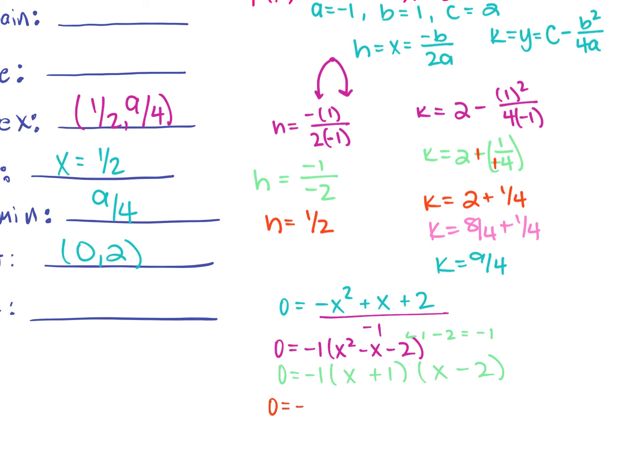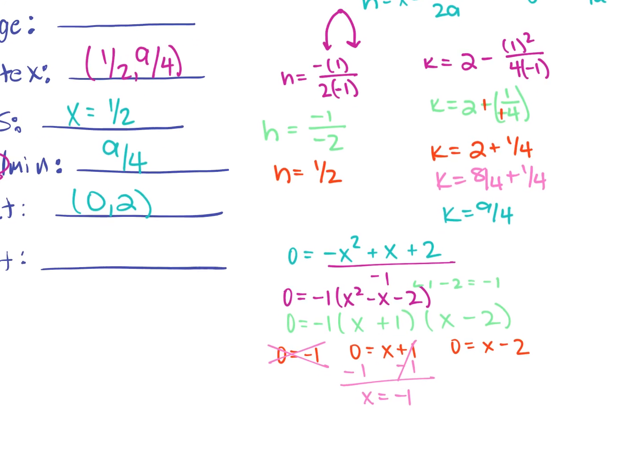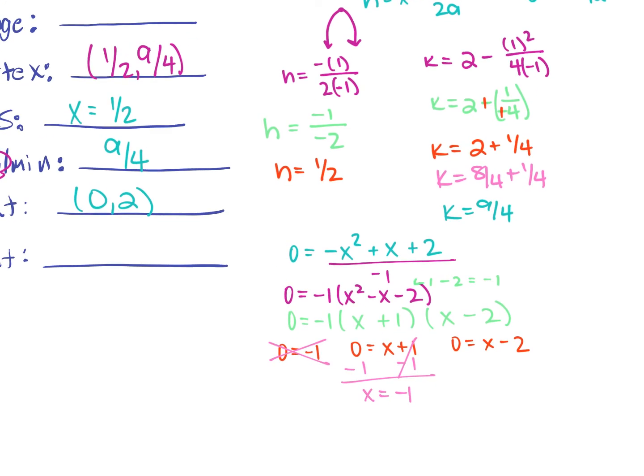So you have 0 is equal to negative 1, 0 is equal to x plus 1, and 0 is equal to x minus 2. Solve for x. The 0 is equal to negative 1, false statement. Get rid of it. Forget about it. Don't work with it. It's not true. So there's no x in there, so there's no way to solve for x for that one. For the x plus 1 is equal to 0, subtract your 1 over. You have that x is equal to negative 1. What ordered pair does that give you for your x-intercept?